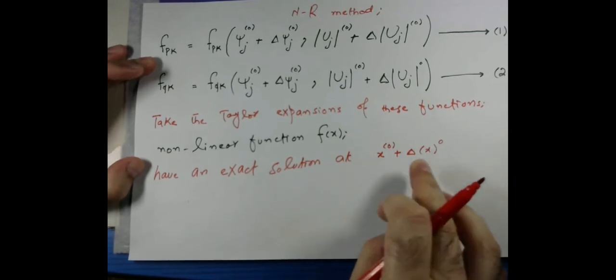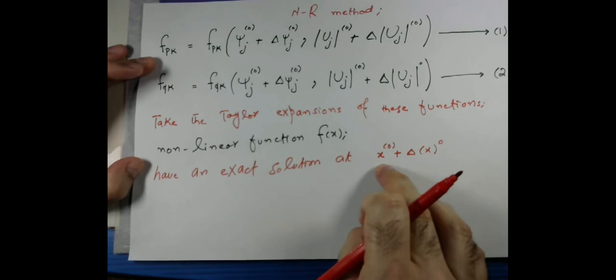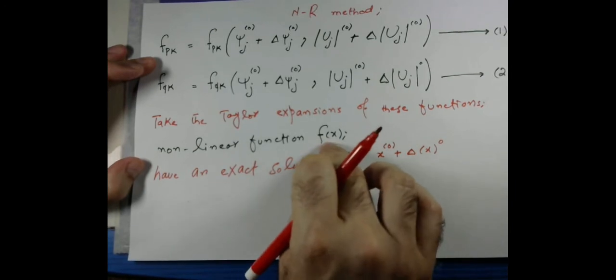So this is the guess and that is the error in the guess, and once the error is added we get the exact solution of the nonlinear function f of x.